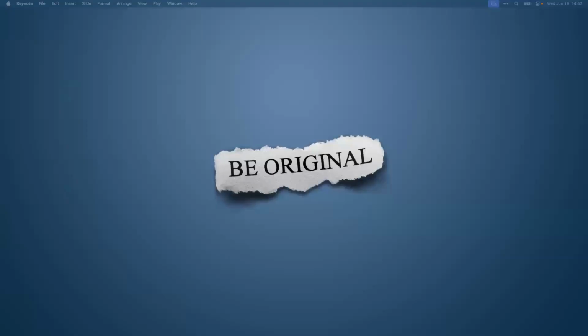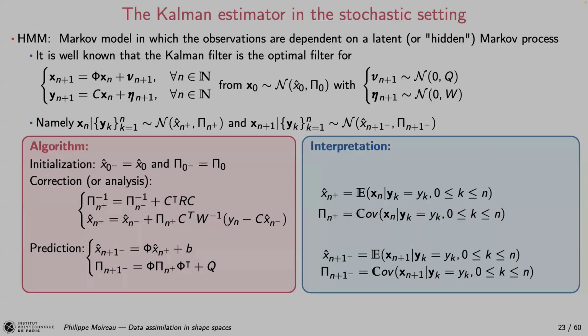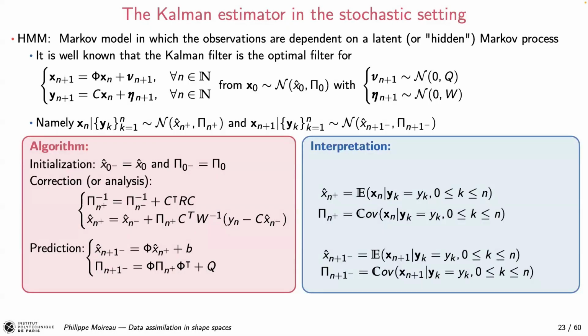Because in the 60s, Kalman says that a good data assimilation algorithm should be that. So the idea was to design the time scheme of the data assimilation procedure so that in the linear quadratic case, I get this exactly.